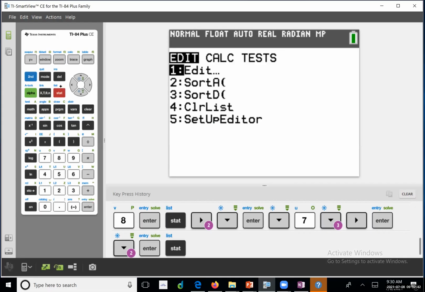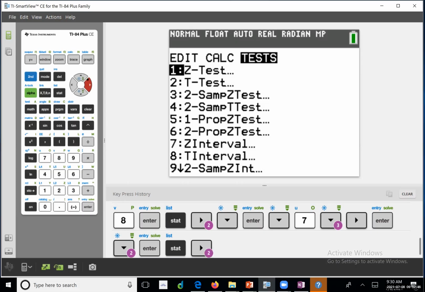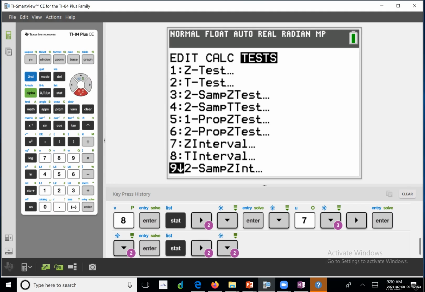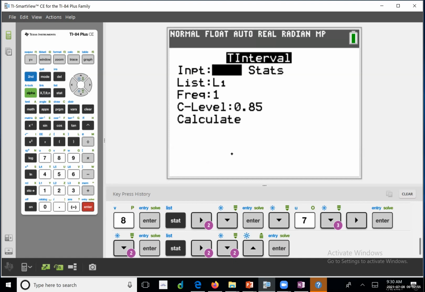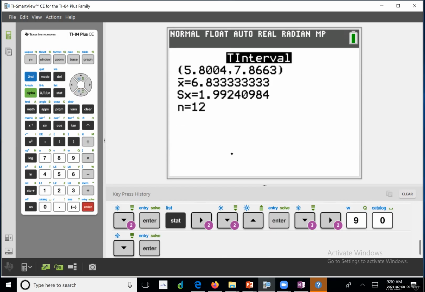We go to STAT. You don't need to memorize this, but you don't have sigma known, so you go down to number 8, and that's T interval. You have data in L1, and the confidence level in this case is 0.90 because you have 1 minus 2 alpha. It's left-tailed only. So then you go here, and here is the confidence interval.